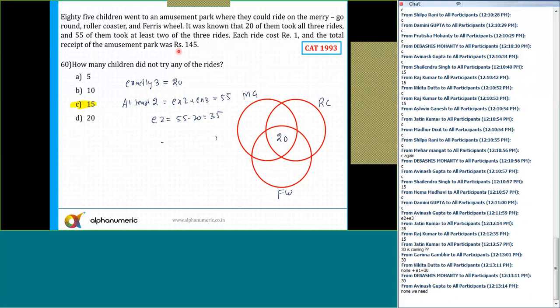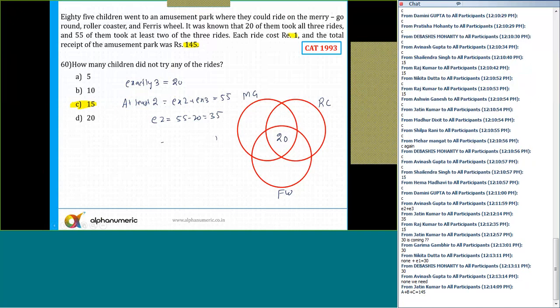Each ride cost rupees 1 and the total receipt of the amusement park was 145. Okay, now this is important. Total receipt is equal to 145 and each ride costs rupees 1. So there are 3 things here.